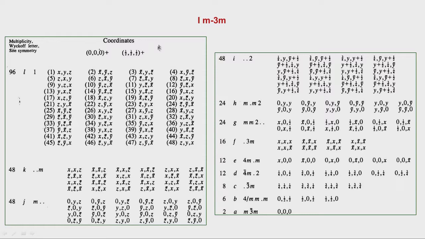Another important factor which you see is that here I am showing it for the body centered unit cell, as in all the Wyckoff position tables which are available. Here, one thing mentioned is the coordinate 0, 0, 0 plus half half half plus. This means that these are the 2 lattice points in the Bravais lattice. And the coordinates given are with respect to only the origin.